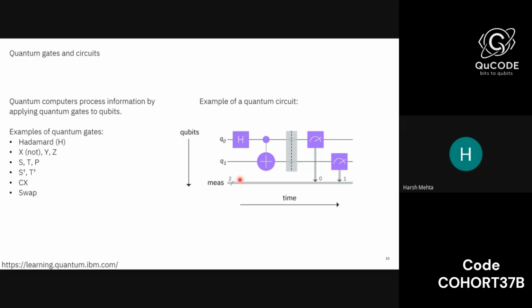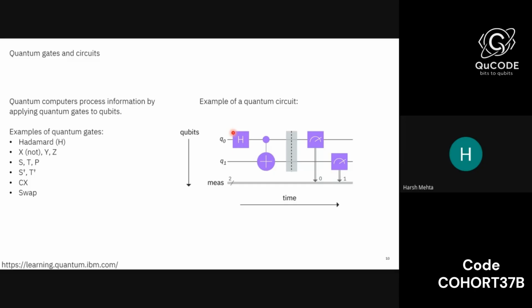And if you have multiple gates, then we always take time to be from left to right. It means that the leftmost gate is applied first, then the second leftmost gate is applied, and then the rightmost gate is applied. One very important thing here is that the order of application of gates, or operators, is very important.